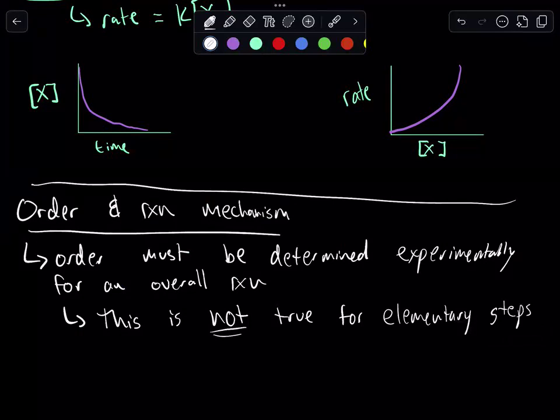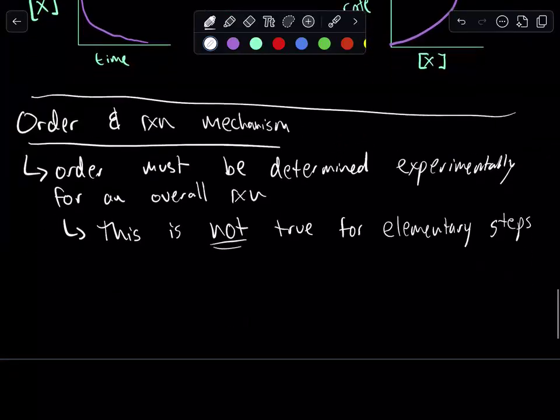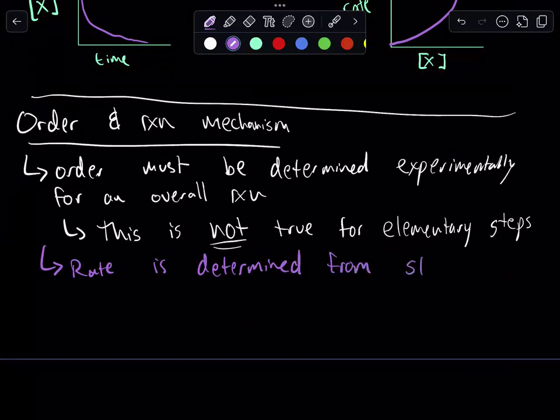So when we're looking at a multi-step reaction, we don't have to worry about the full reaction to figure out order. So we already know that rate is determined from the slowest step.